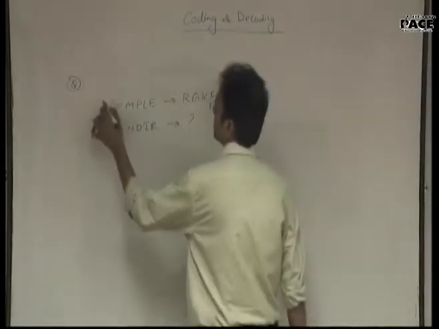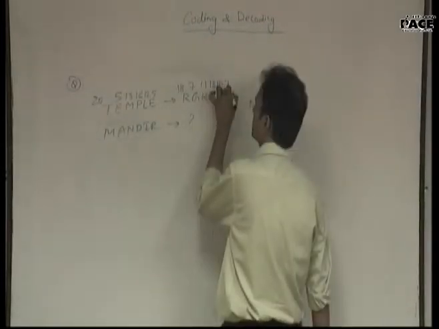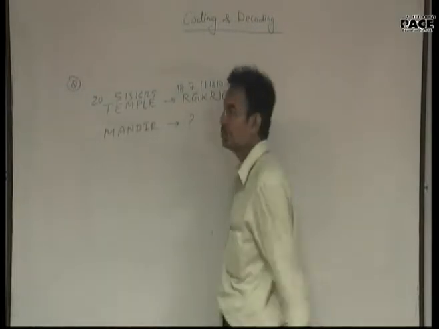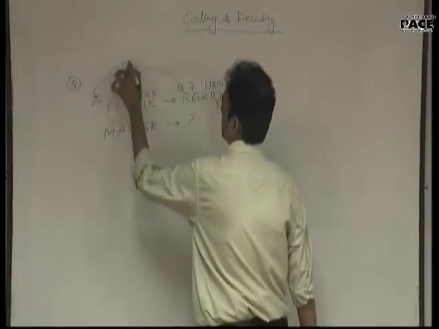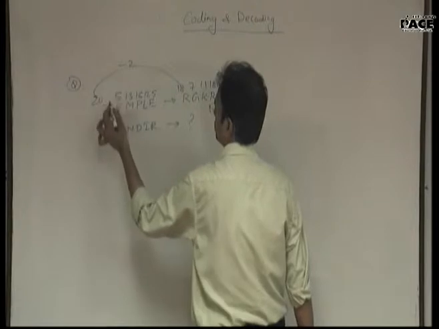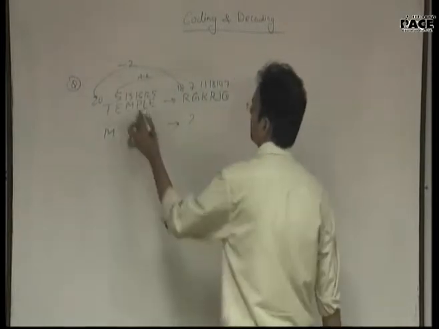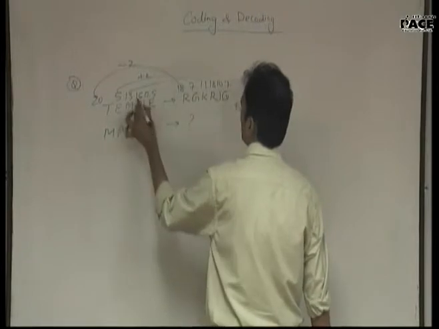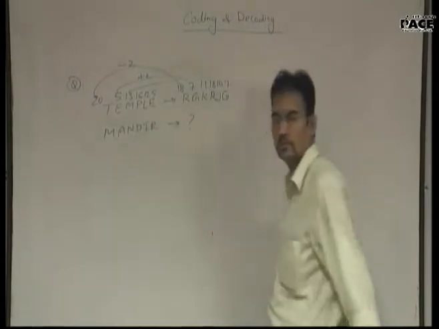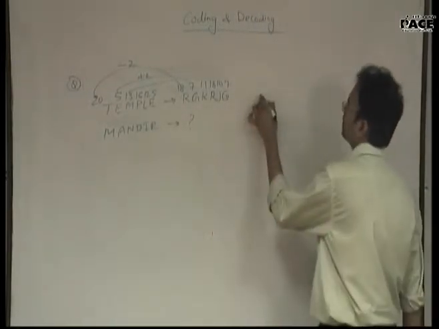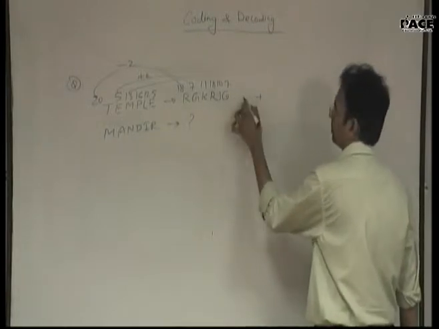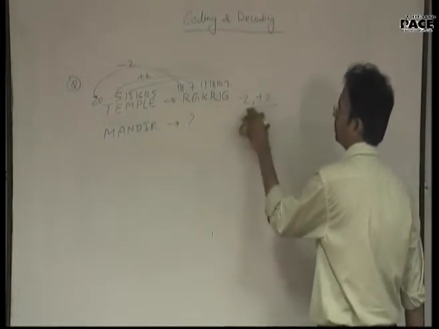Now we can see, after putting all the values, the difference is minus 2 here, then plus 2 here, then minus 2, then plus 2, then minus 2, then plus 2. So alternatively, it is minus 2 and plus 2.